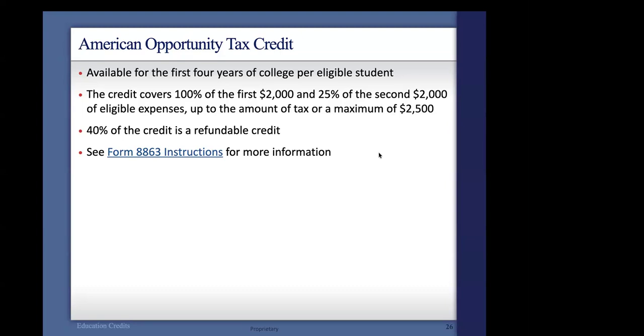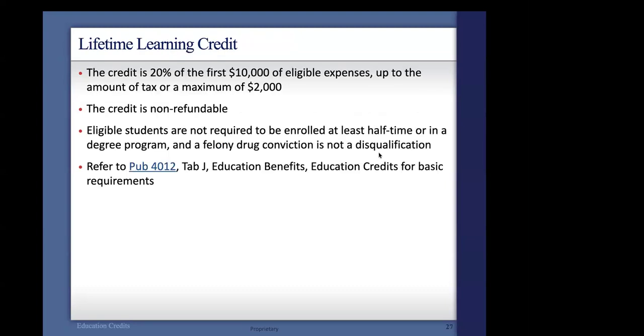The Lifetime Learning Credit. While the American Opportunity Credit is the one that you may see most often, you may have an opportunity to see the Lifetime Learning Credit as well, especially if a taxpayer or student has already passed their first 4 years of education.